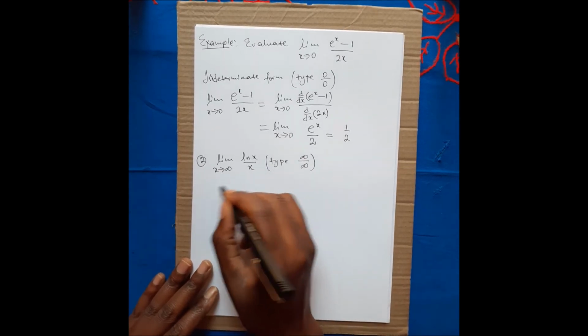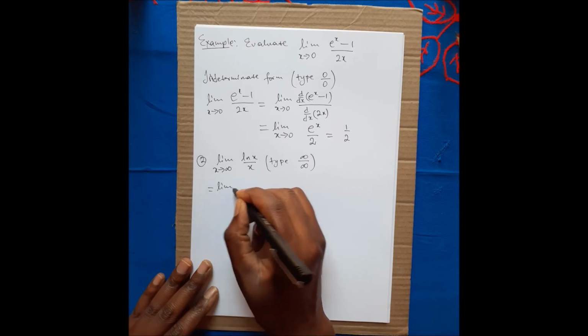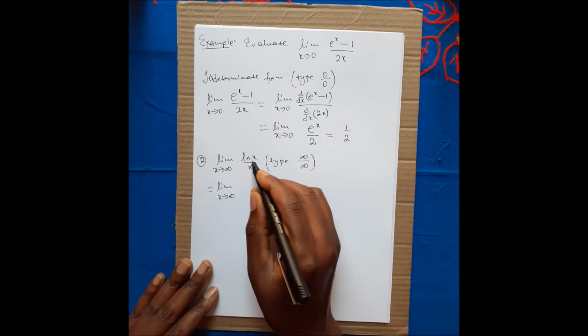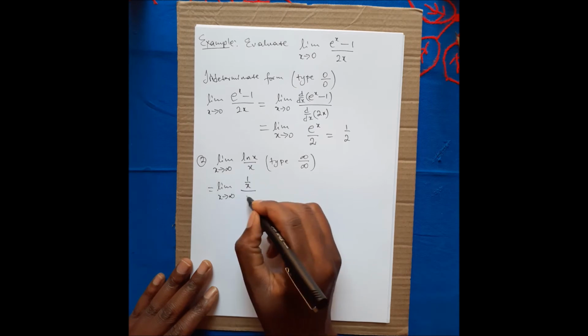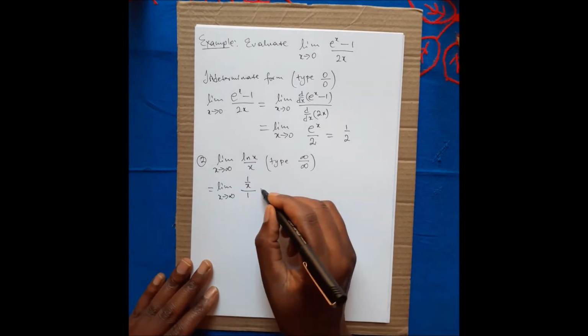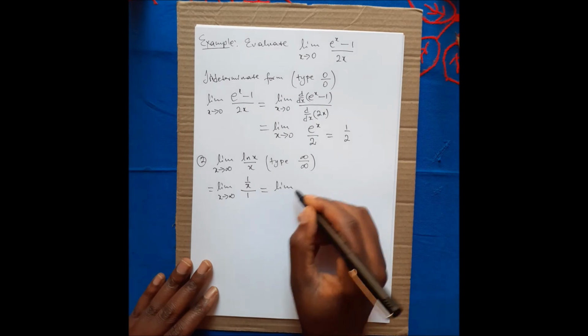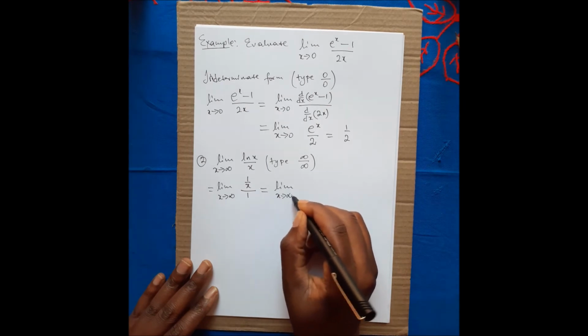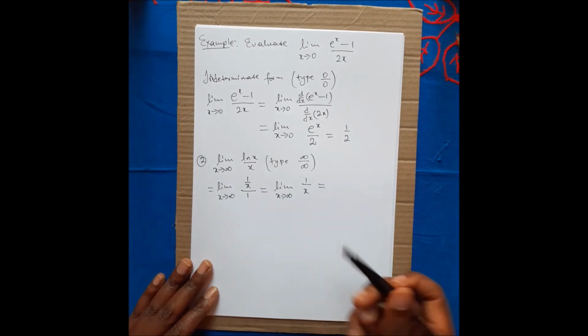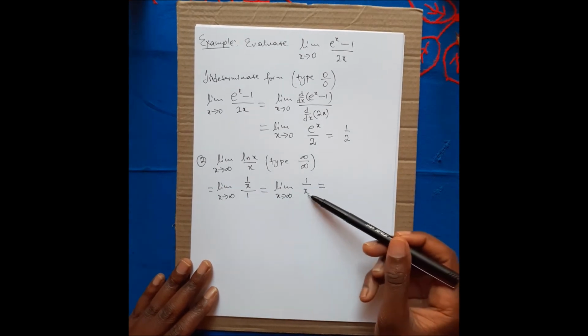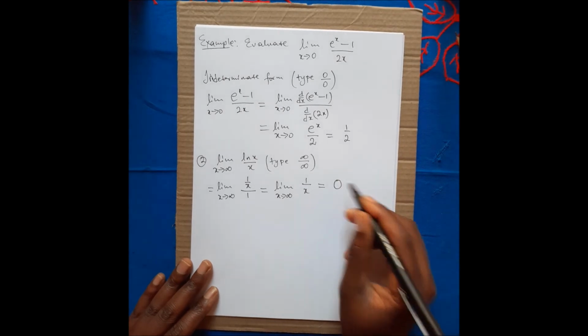We differentiate the numerator, we get 1 over x. We differentiate the denominator, we get a 1. This is the same as the limit as x approaches infinity of 1 over x. When you substitute infinity here, you get 1 over infinity, which is 0.